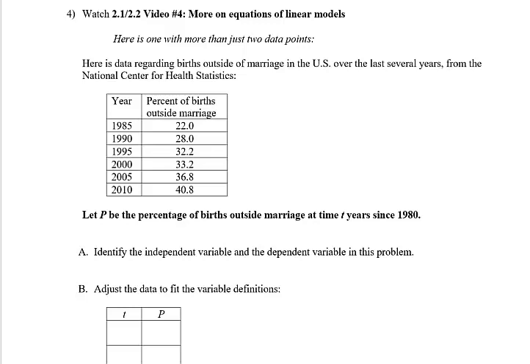First, we're being asked to identify the independent variable and the dependent variable, and as usual, the first variable that they mention is our dependent variable, our y variable, so P is like our y, and the second variable mentioned, in this case T, functions as our x, as our independent variable. This is because if you said, hey, what percentage of births are taking place outside marriage, the answer is, well, it depends on what particular year you're talking about.